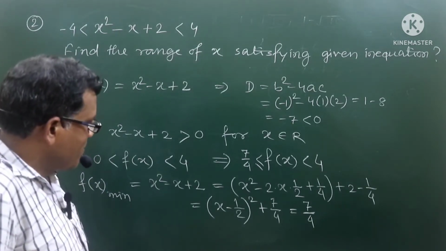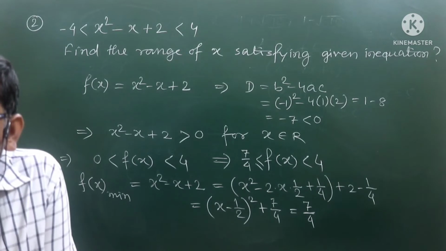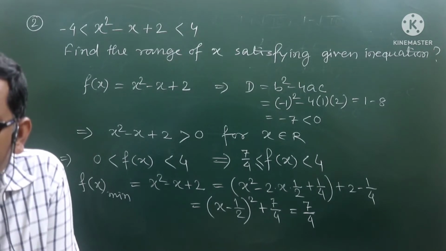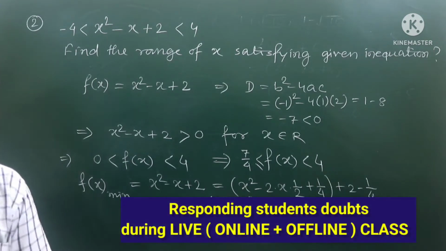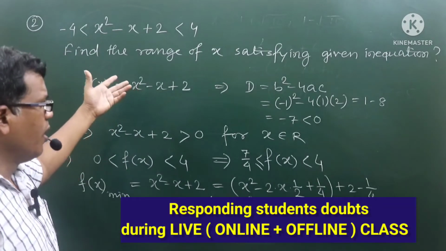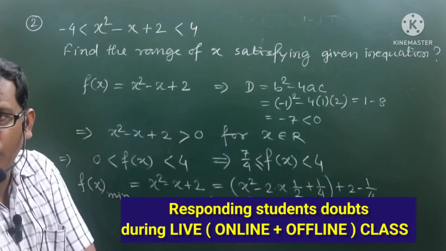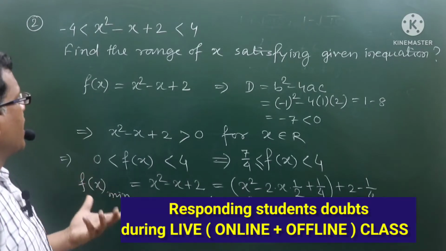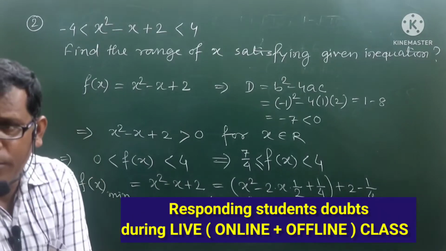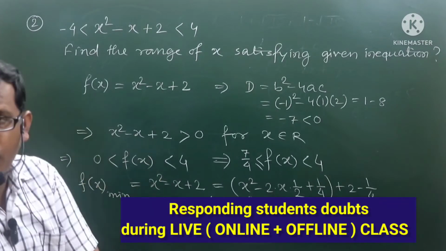Tell me. Yes, that makes it easy, because otherwise you will start doing the calculation with minus 4. But first of all, the range between minus 4 and 7 by 4 of the quadratic expression is not possible according to this particular question.